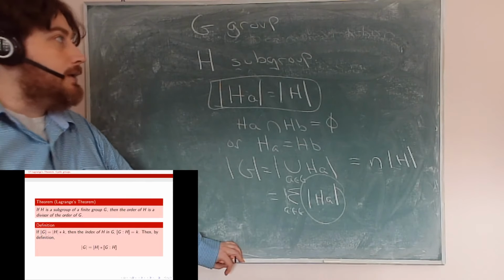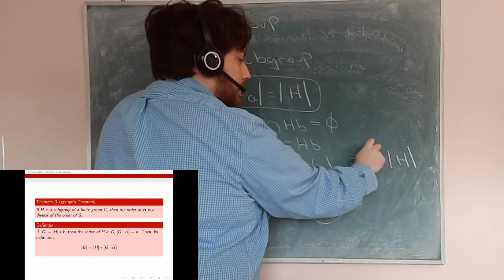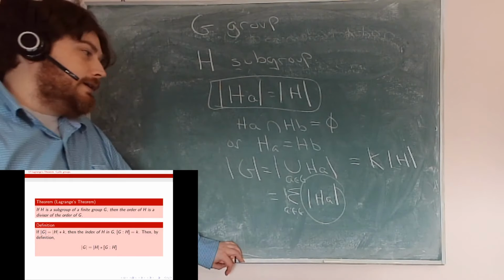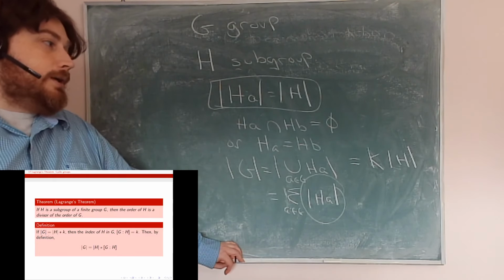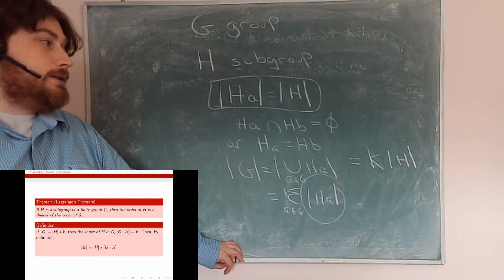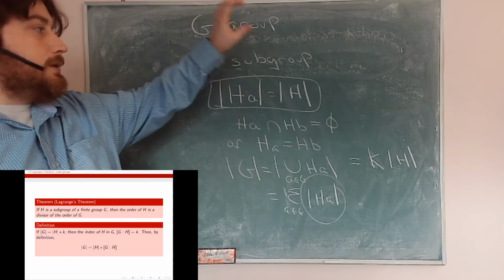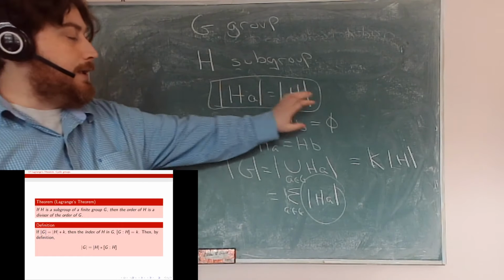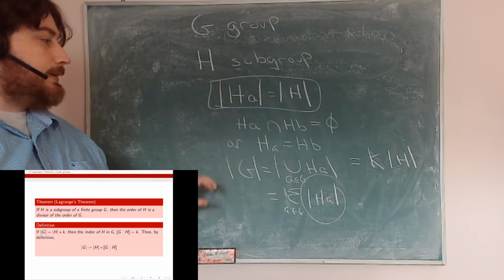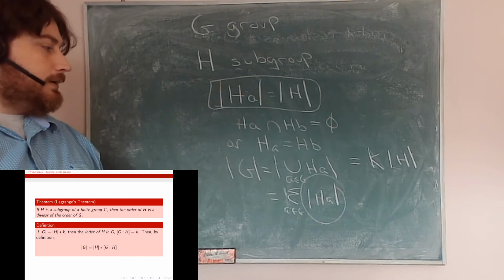So I get, well, actually in the PowerPoint I use K, so I'll use K. K is the number of right cosets. K times the cardinality of H is then the cardinality of G. Hence, we have proven, because each of our cosets are the same size, each of them is disjoint, and the union of all of them is the whole thing.